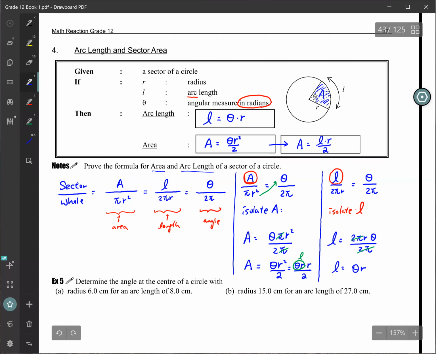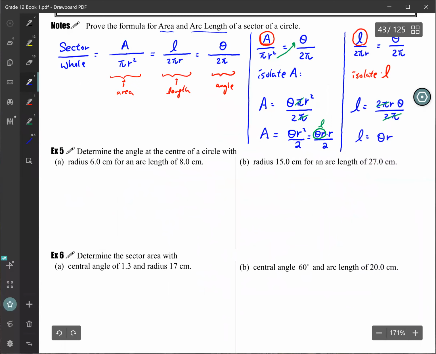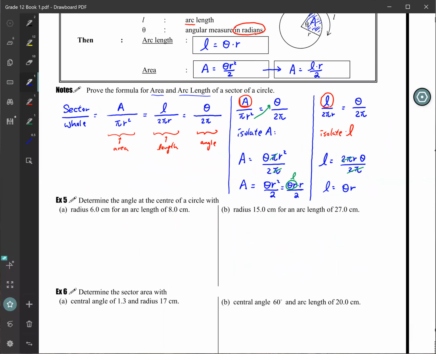Okay. All right, so let's look at question 5. Determine the angle at the center of the circle, right? So which variable are we finding? Trudy, what are we finding here? The angle? Yes, and what's the variable?